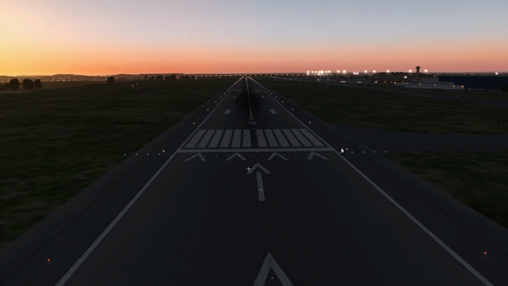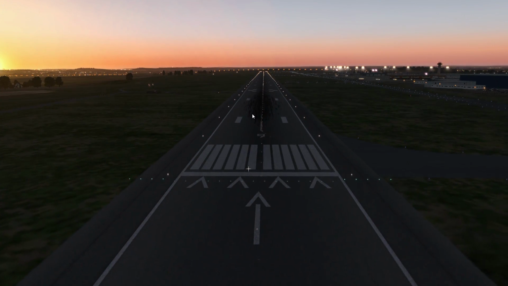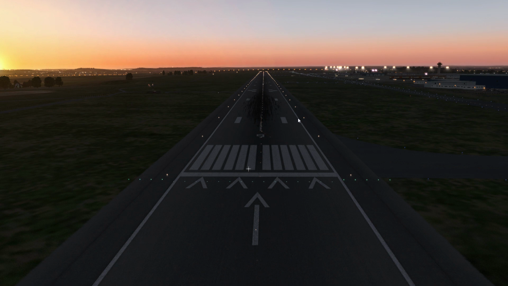Those are the runway marker lights, essentially, the runway edge lighting system. Now they can be high intensity, low intensity, or medium intensity, and they're known as HIRL, high intensity runway lights, MIRL, medium intensity runway lights, and LIRL, low intensity runway lights.